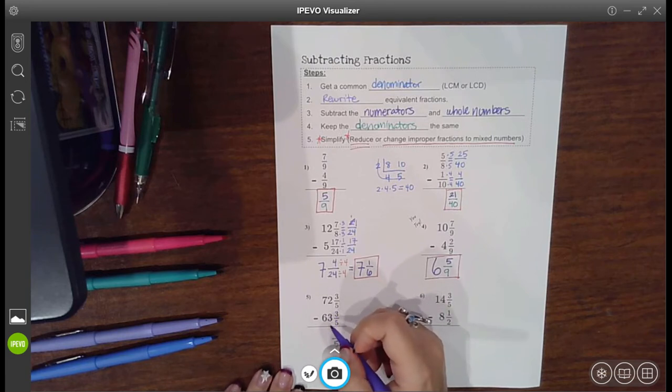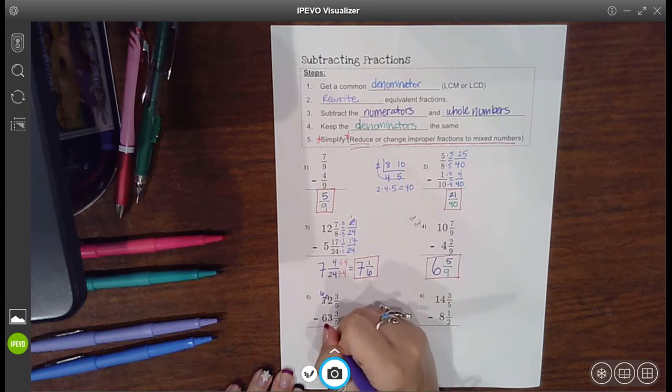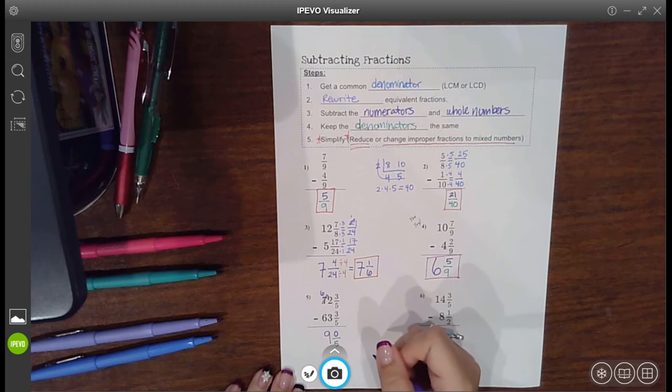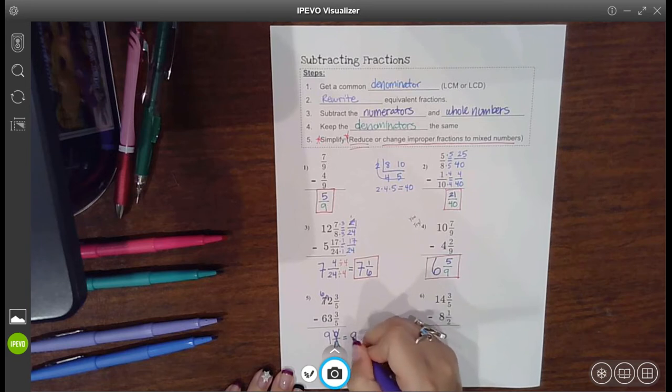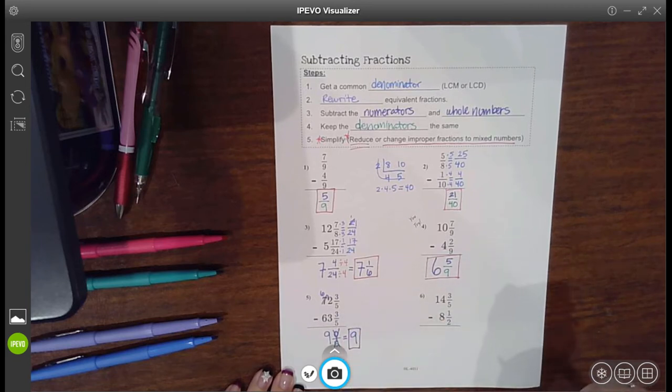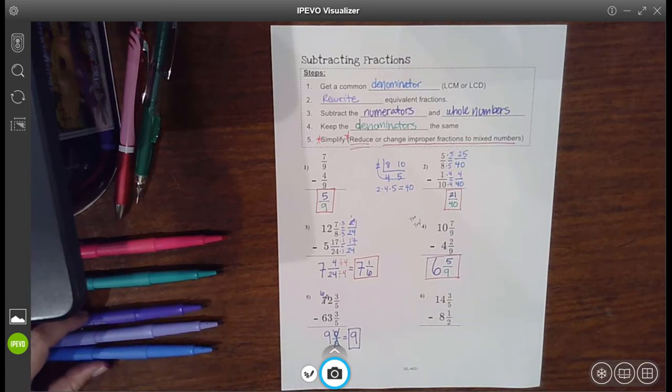And 72 minus 63. Borrow. 12 minus 3 is 9. 6 minus 6 is 0. So you have 9 and 0/5. Well, 0/5 means you don't have any fifths. There's nothing there. So 9 plus nothing is just 9. It was so easy that it was hard.